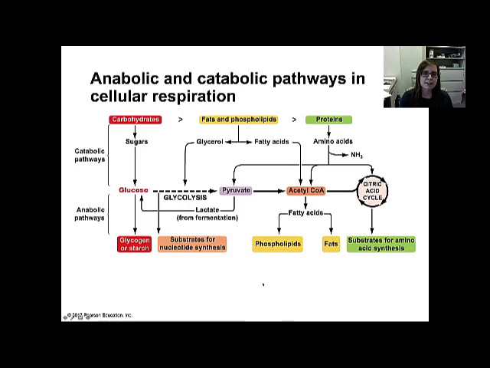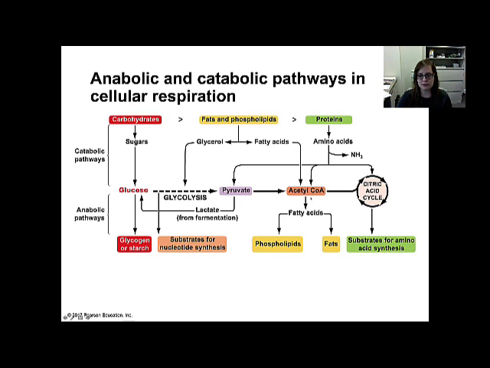And as I pointed out, carbohydrates, which are glucose, can be metabolized in a catabolic pathway, but a lot of these other macromolecules can get incorporated into different parts of these pathways that we're going to be talking about. In addition, some parts of the pathway can be used in anabolic pathways to build more complex molecules.